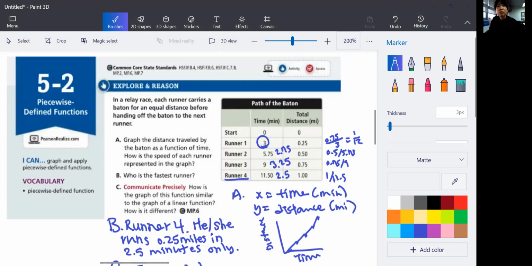That's part A, graphing. Part B: who is the fastest runner? We talked about this, right? Look at the slope. The fastest runner will run the quarter mile, the same distance, in a shorter amount of time.